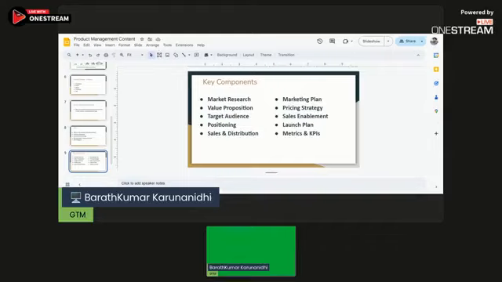And next is the target audience. So you have a target market arrived at using the market research activities. You need to identify the target market and segment the target audience based on the demography and the behavior of the customers in that area, in that location. And then you also have the customer personas or buyer personas: who is your customer, what do they do, why do they need this, what is the problem?